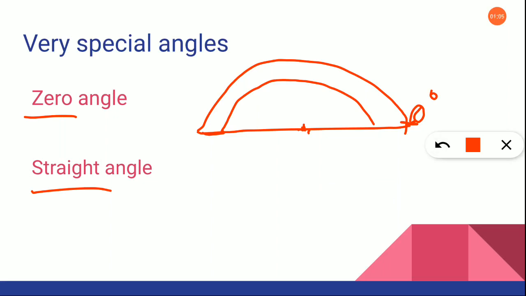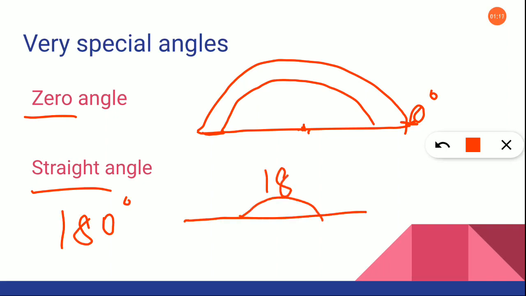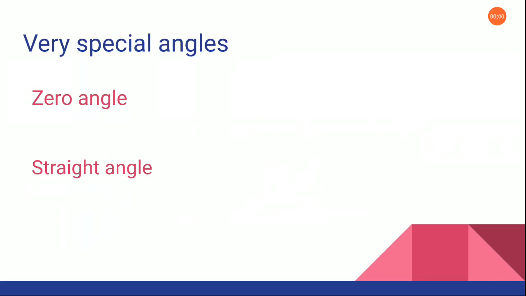Okay. Now, same way I am going to mark the straight angle. Straight angle means 180 degrees. I told you a straight line has 180 degrees. Now, this is a zero angle.